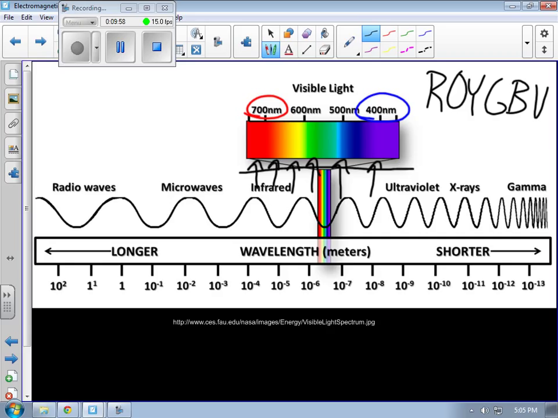And if you said orange, you're absolutely correct. Looking at this spectrum, we see that orange has a wavelength of about 600 to 650 nanometers, while green has a wavelength of between 500 and 600 nanometers, so about 550. So orange has a longer wavelength.